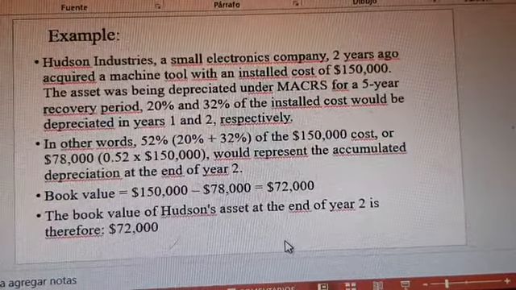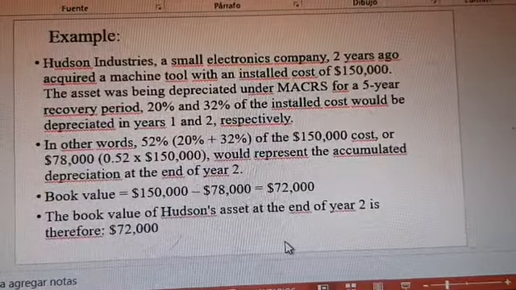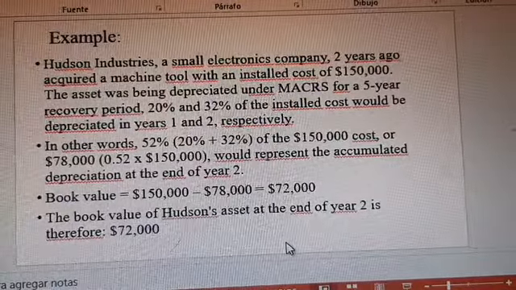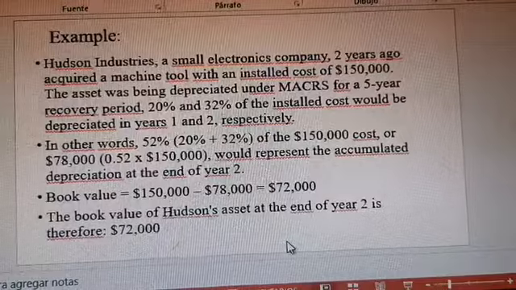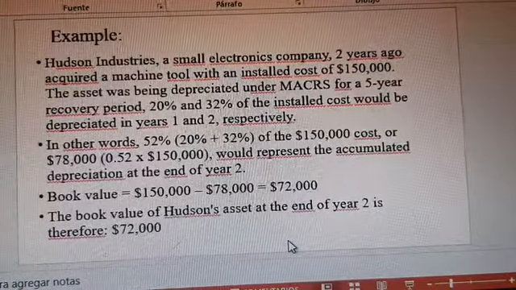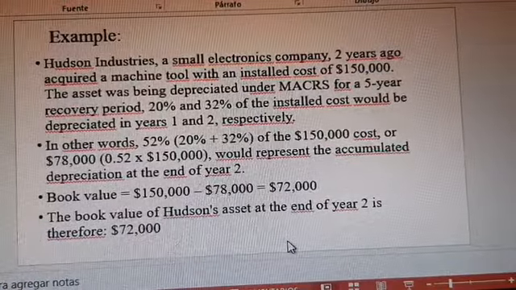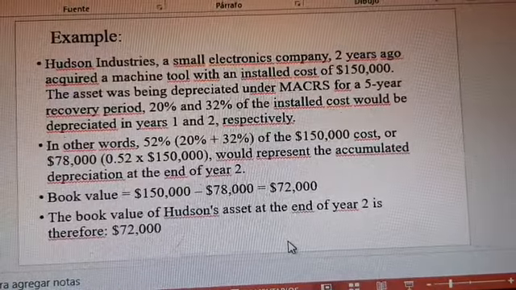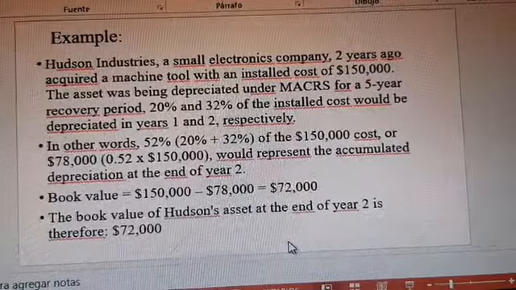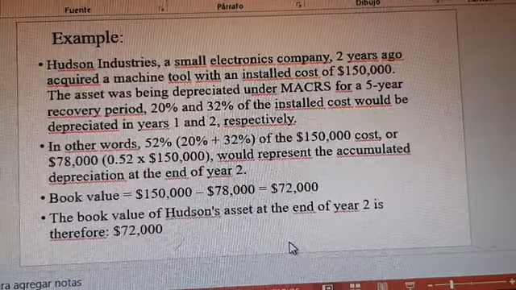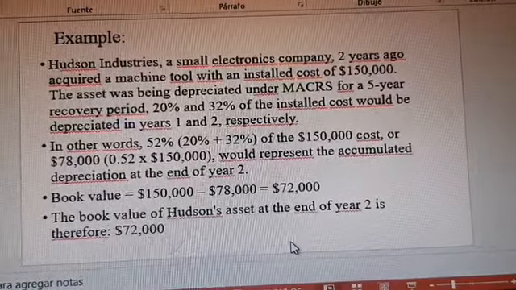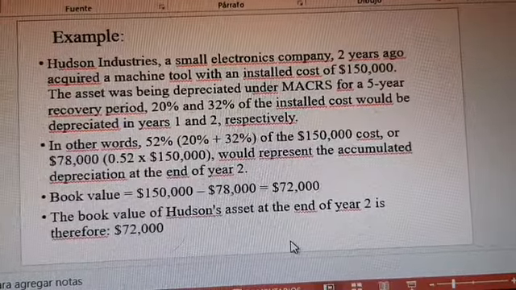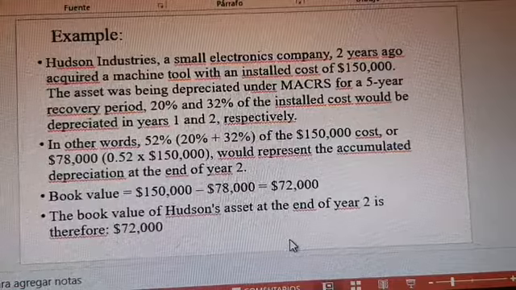Example: Hudson Industries, a small electronics company, 2 years ago acquired a machine tool with an installed cost of 150,000. The asset was depreciated under MACRS using a 5-year recovery period. 20% and 32% of the installed cost will be depreciated in years 1 and 2 respectively.